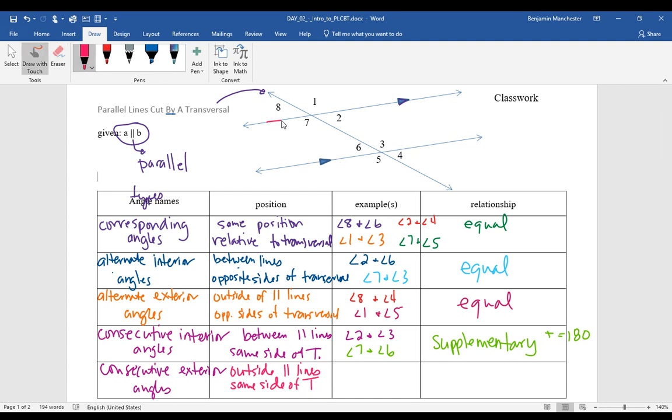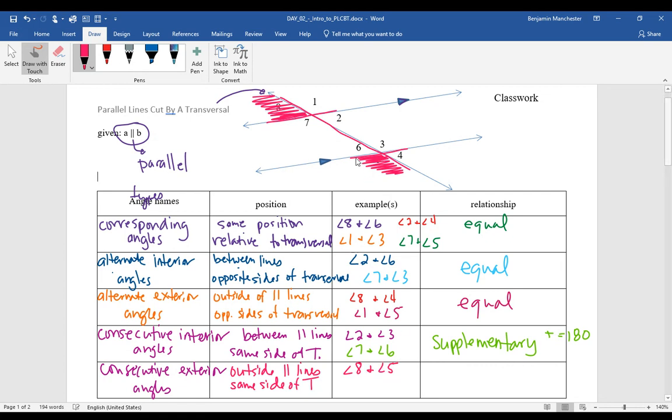Okay, so here's your parallel line, here's the other one, and here's your transversal. So angle 8 would go with angle 5. These would be consecutive exterior angles.